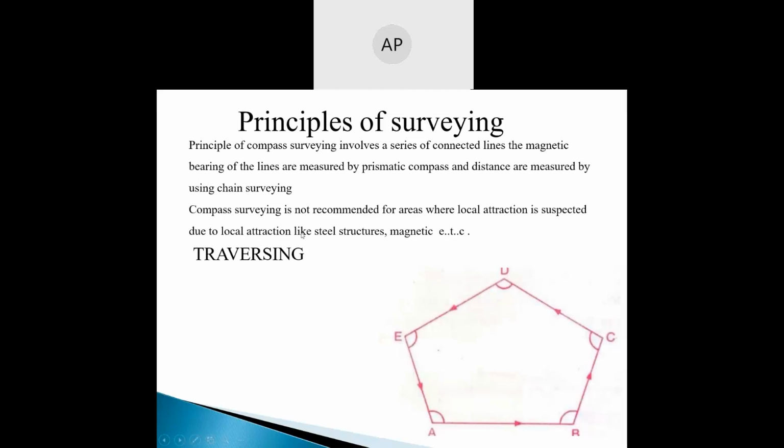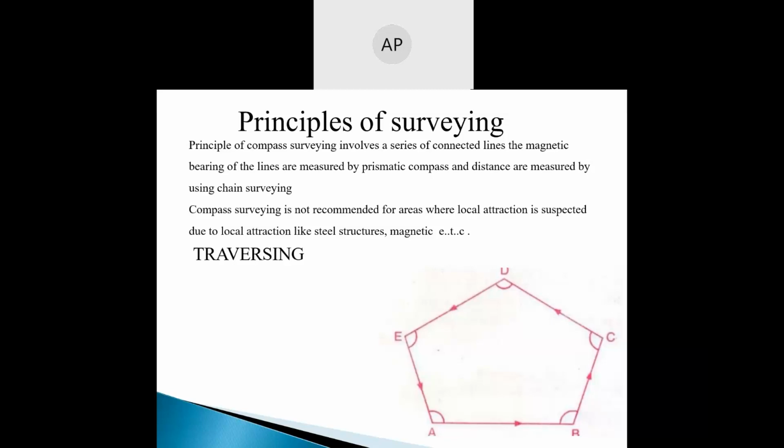Local attraction means, suppose a compass survey has a magnetic needle, isn't it? There will be some objects like iron. In that area it may have some iron rods, iron fencing, steel structures which attract the needle.